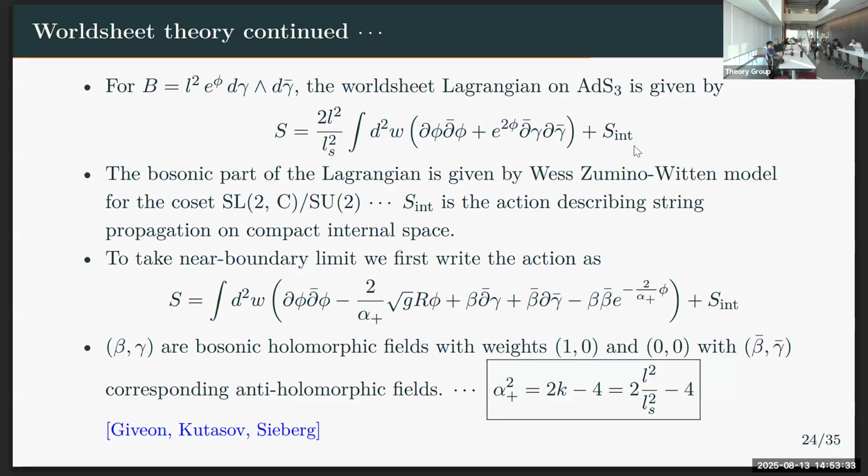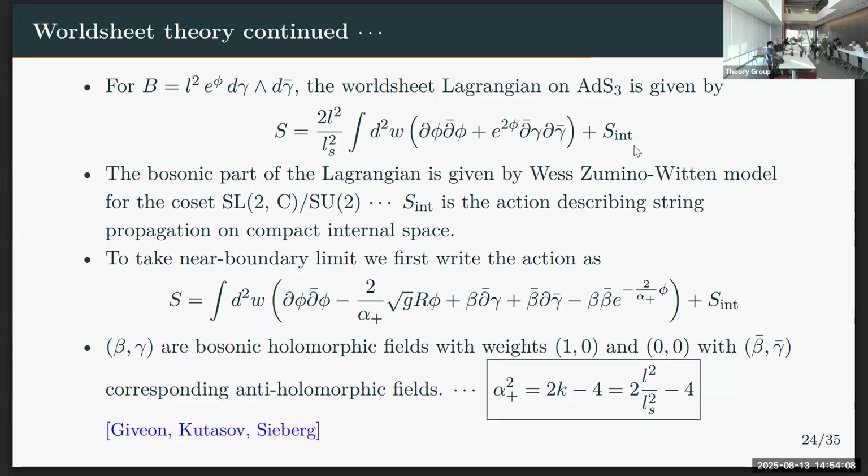Okay, so let's now take the near boundary limit of this action. But to do that, first I need to introduce these auxiliary fields, beta gamma and beta bar gamma bar. They are conformal holomorphic fields; beta gamma have weights 1, 0 and 0, 0, and beta bar gamma bar have weights 0, 1 and 0, 0. Technically, when you solve the equations of motion for beta and beta bar, you should get back the same action.